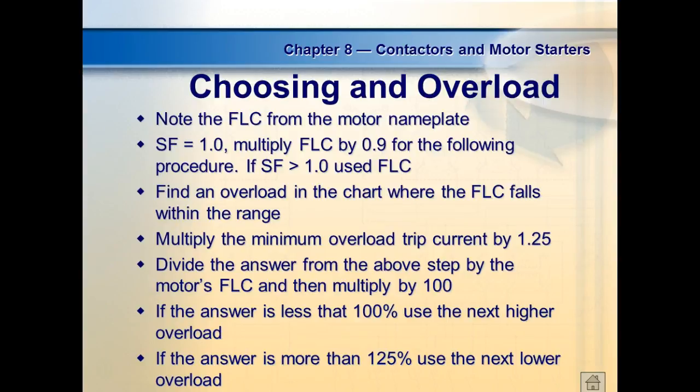Well, I just did 1.44 times 1. So what we're going to do is divide this by what? Sorry. Multiply by 1.25. Then we're going to divide the answer by the full load current.